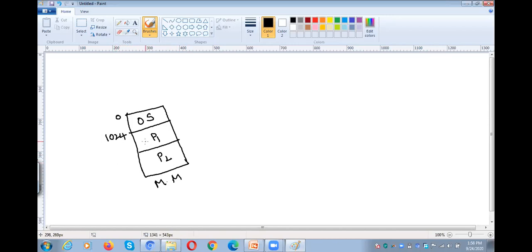P1 process is of size 500 KB, so the end location is 1524. Whenever the CPU is executing the P1 process, the CPU generated address is called a logical address. This logical address needs to be in between 1024 and 1524 only.